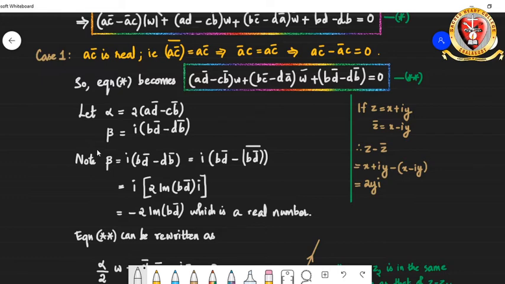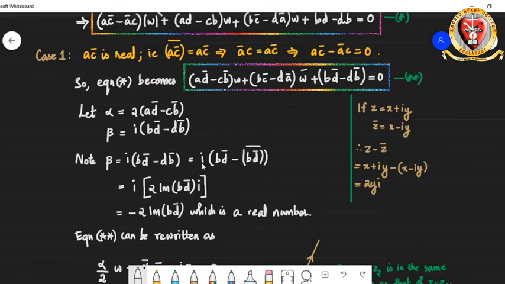Also note that this beta is nothing but I into BD bar minus DB bar, that is I into BD bar minus BD bar the whole bar. Just for simplicity, z is equal to x plus iy and z bar is equal to x minus iy. So z minus z bar is x plus iy minus x minus iy, which is 2yi, that is 2 into I into the imaginary part of z.